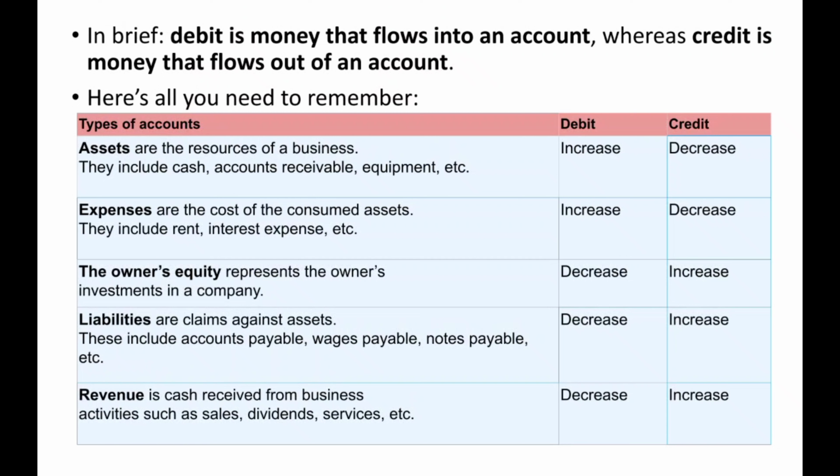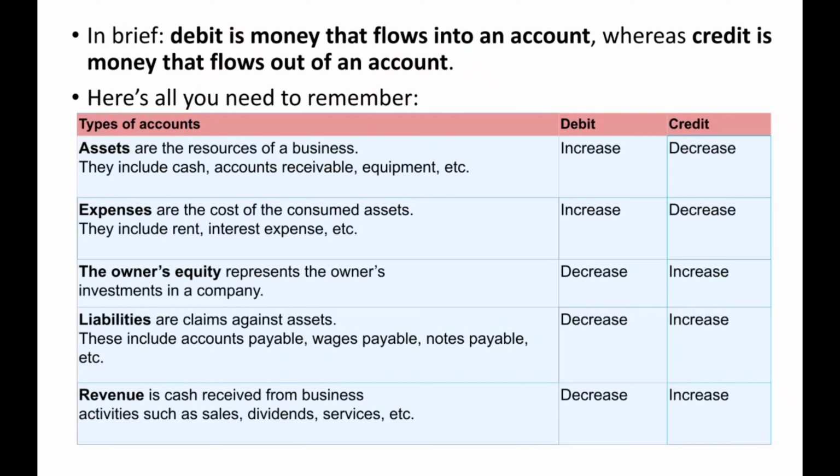Second, expenses. Expenses are the cost of consumed assets, including rent, interest expenses, salaries, and wages. These are the expenditures of a business. When expenditures increase, it comes under debit; when they decrease, it comes under credit.